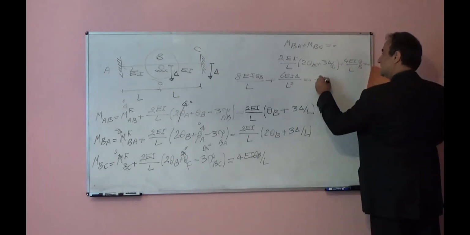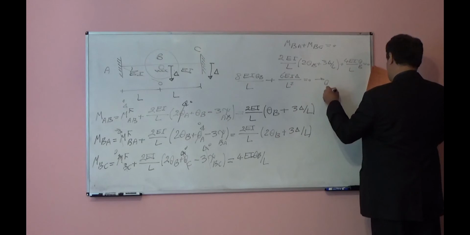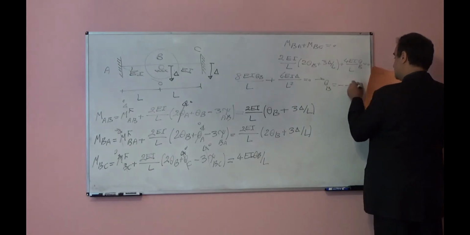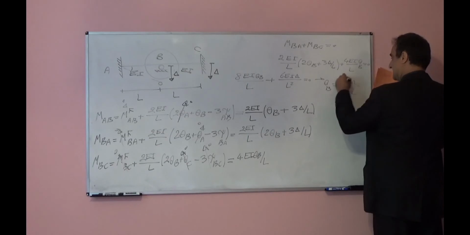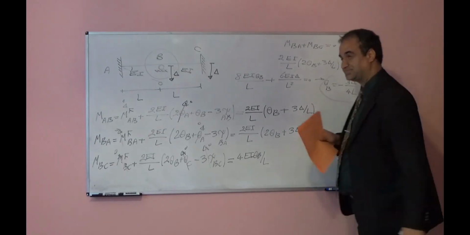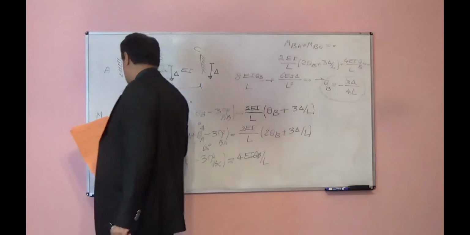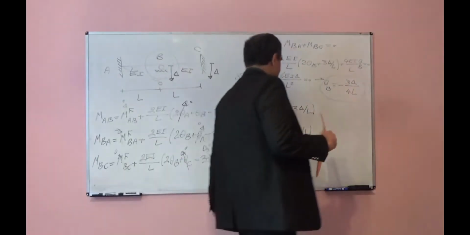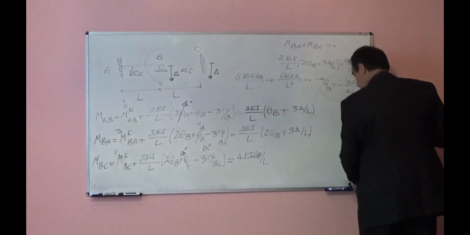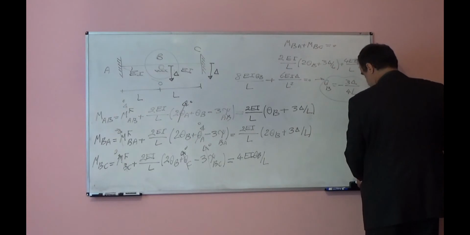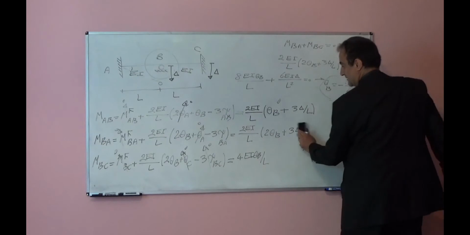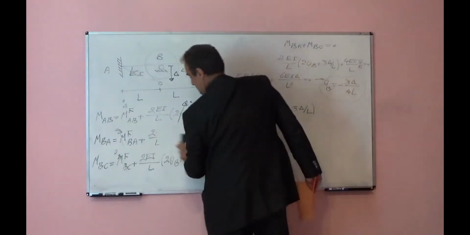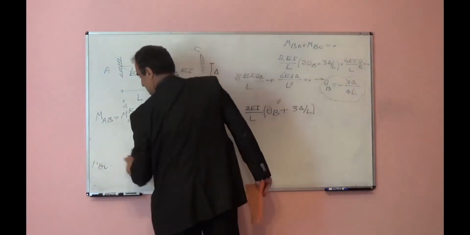From here, theta B will be equal to negative 3 delta over 4L. Now, I want to find M_AB. I should plug this theta B here. If I do that, what will I get?